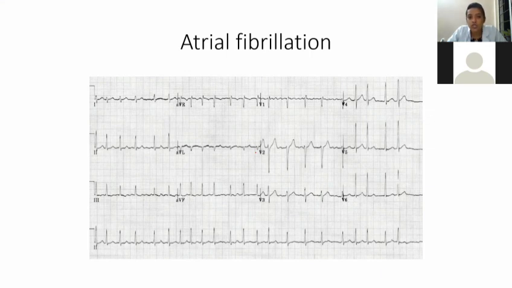In this one, we just went through the basics of the ECG: how to interpret heart rate in the ECG, the limb lead placements and chest lead placements, how to calculate heart rate, and how these ECGs can be interpreted. So all these things we discussed.